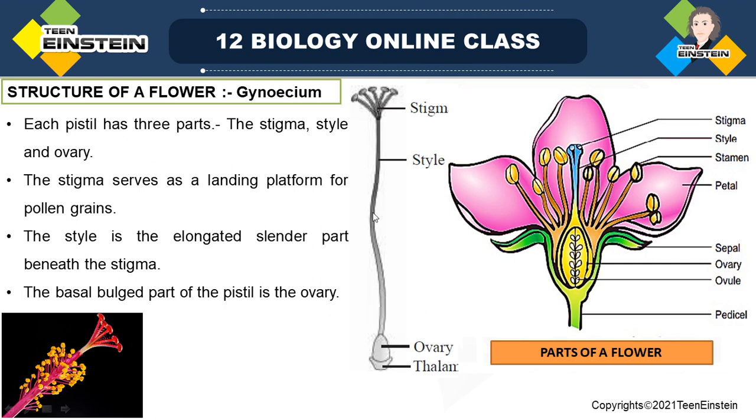So here you can see the style. This is the elongated and slender part, and it is below the stigma. Top portion is the stigma, then comes the style. Style is the elongated slender part. Okay, and this style is the one which is connecting the stigma with the ovary. Style is the connecting part between the stigma and the ovary.